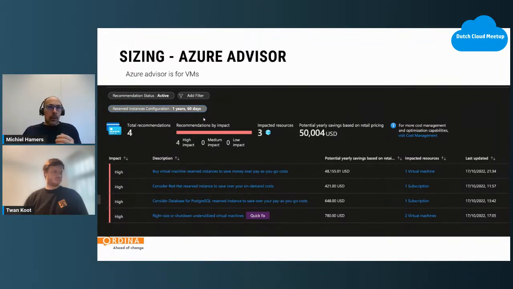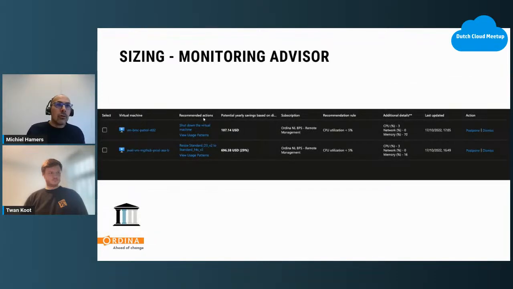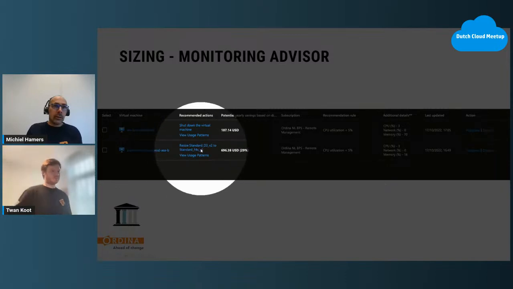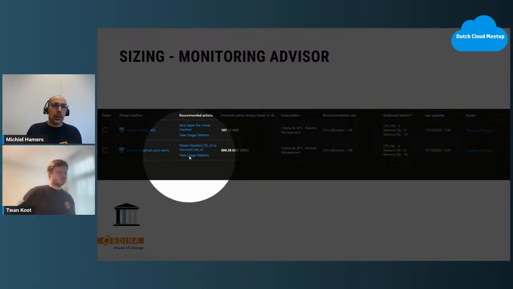with a lot of simple steps. I also have that in a screenshot over here. The lowest one of this table, and I will point it out here, is to resize the D3 version 2 to an F1.